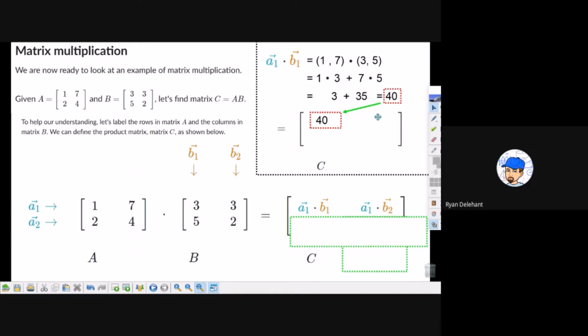So to find this entry up here, I need to perform this same operation, but instead of having 3, 5 for my B, I now have 3, 2. So what I want you to do real fast, I want you to find that number that goes in that top one, okay?